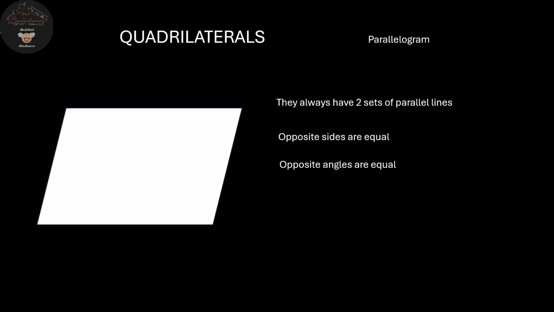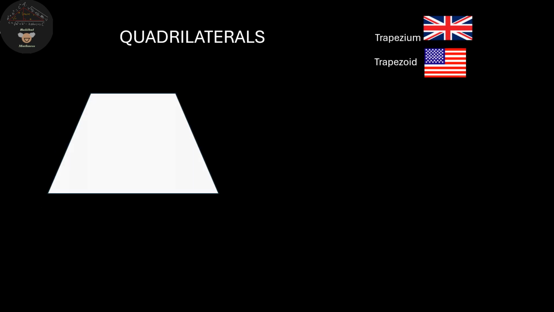Now we've got here a trapezium according to British English, and a trapezoid according to American English. This shape has to have only one pair of parallel lines. As you can see, the top and the bottom ones are parallel, but not the side ones.